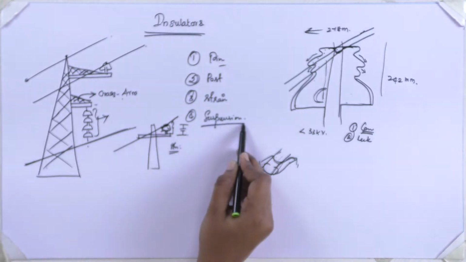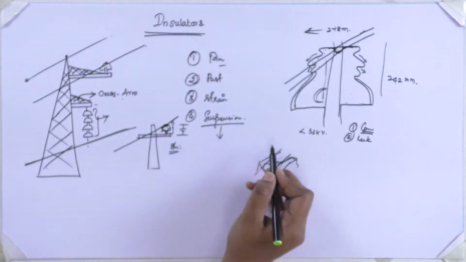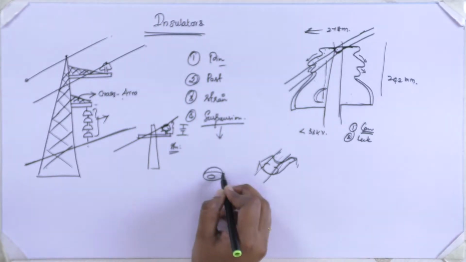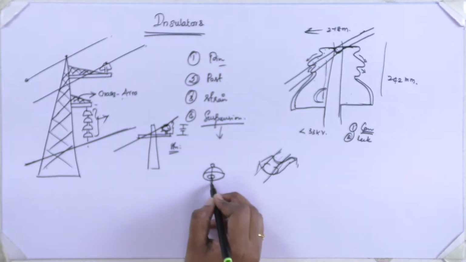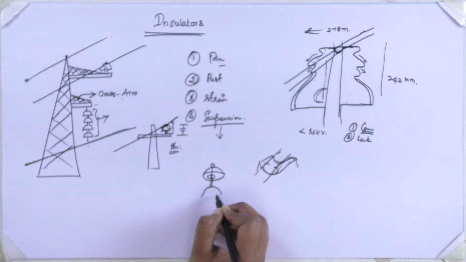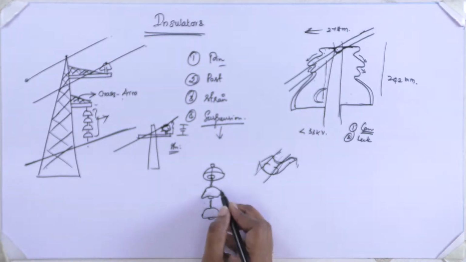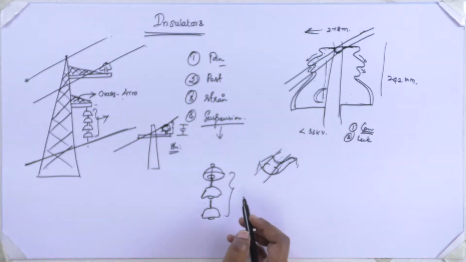The next type of insulator is the suspension type insulator. The suspension type insulator is an advancement of the pin insulator, but it has a series of connections and is disc shaped. The discs are mounted one above another in order to achieve the required voltage.